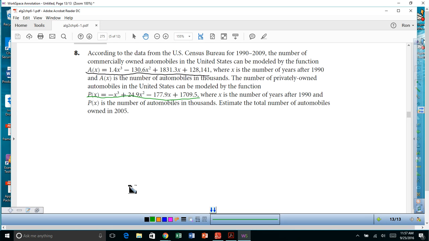So let's see. I'm going to say that T of x will be A of x, the commercially owned ones, plus P of x, the privately owned ones.